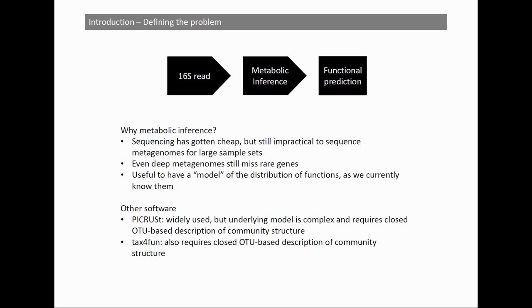One of the major differences between PAPRICA and PICRUSt and Tax4Fun is that PAPRICA does not rely on a closed OTU description of community structure. It's actually based on the phylogenetic description of community structure. And in addition to that, it provides a start-to-finish solution for both community structure analysis and metabolic inference. And I'll talk more about that shortly.